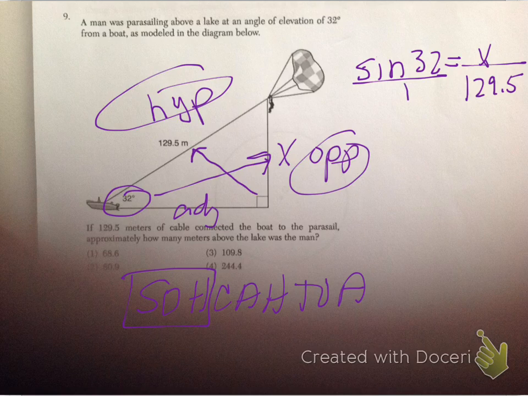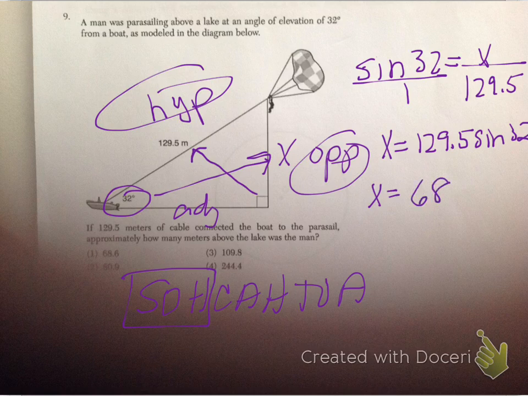Okay, so I'm just going to put this over 1, and I'm going to cross multiply, and I get x equals 129.5 times sine of 32. Remember that your calculator has to be in degrees. So you're just going to pop that into your calculator, and you're going to get 68.6 right there. Choice number 1.